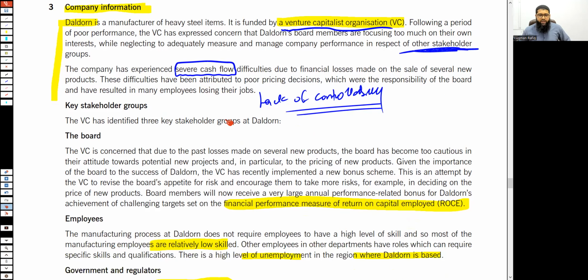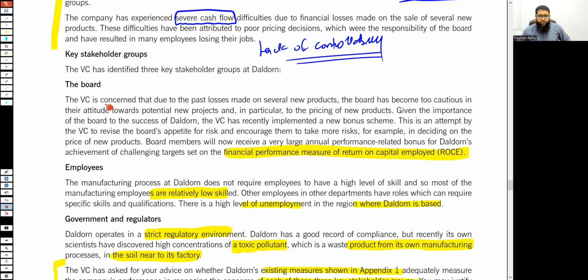The board is concerned that due to past losses on several new products, the board has become too cautious in its attitude towards new projects, in particular the pricing of new products. Given the importance of the board to the success of the company, the VC has recently implemented a new bonus scheme.